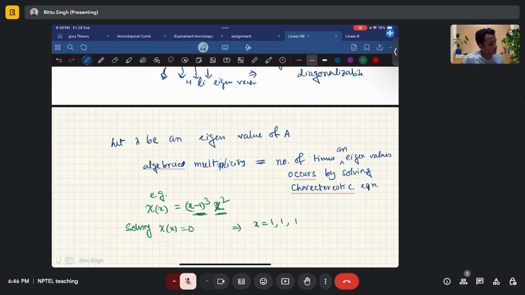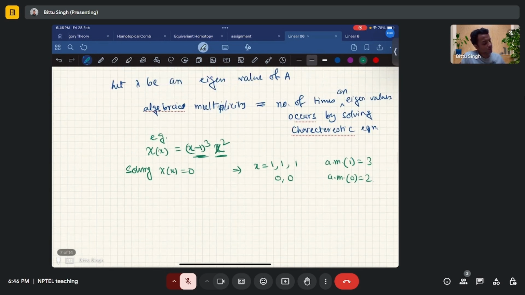And x square equal to 0 means x equal to 0, which occurs 2 times. So the algebraic multiplicity of 1 is 3, and the algebraic multiplicity of 0 is 2. Now, what is geometric multiplicity?